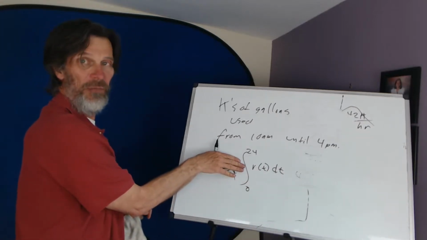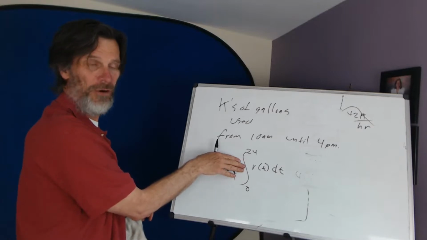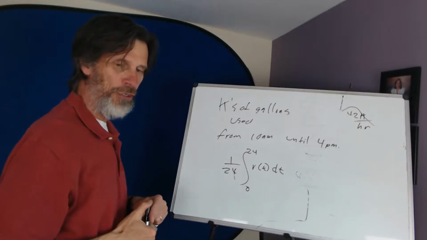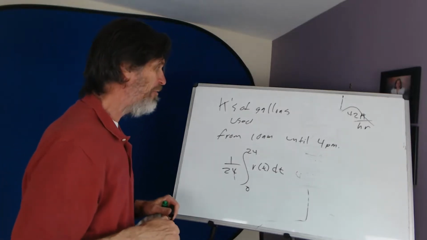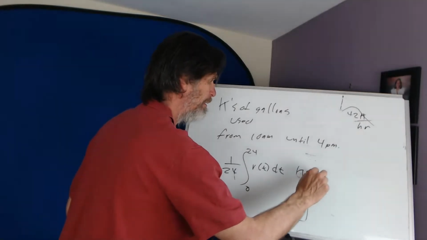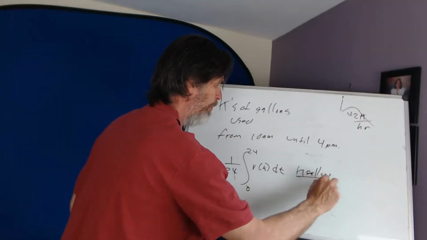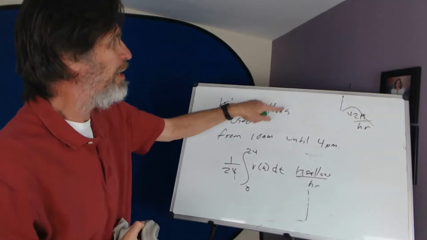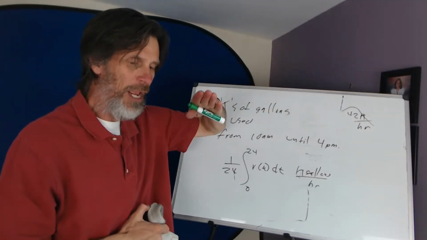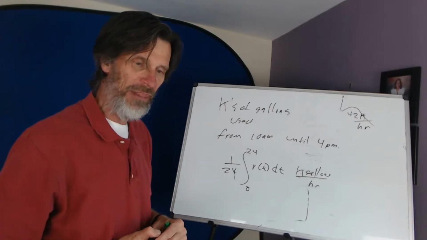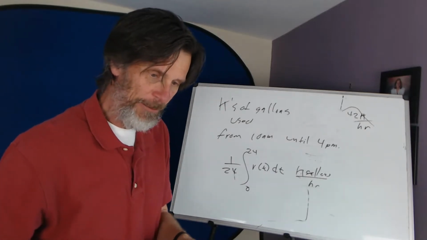Without that out in front, that would be the total used for the whole 24 hours. Divide that by 24 hours, that's the average water usage rate, and that would be measured in thousands of gallons per hour. It would take away those hills and the valleys on the water usage rate and replace them with a line straight across. That line would be that average height.